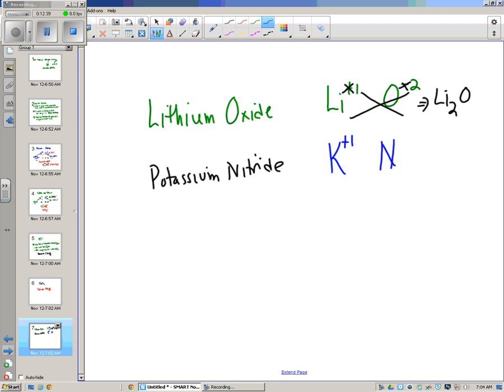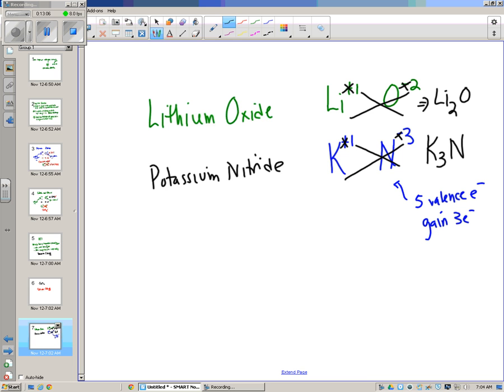Nitrogen is in group 15. In group 15, they have 5 valence electrons. Because it has 5 valence electrons, it wants to gain 3 electrons, which gives it a -3 charge. So to write the formula now, we cross out the charges and crisscross the numbers. We get K3N.